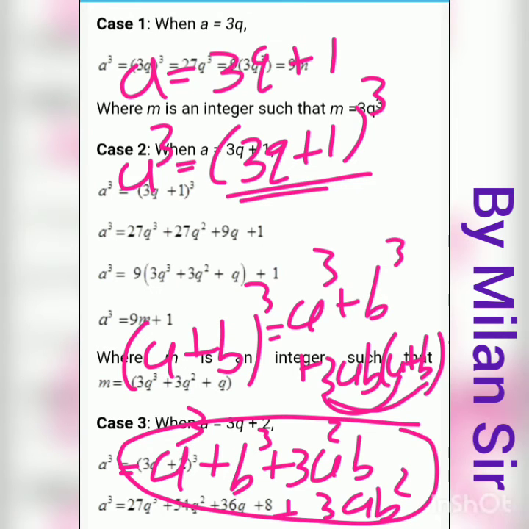We directly use this identity, because if we use the first one, again we need to solve the bracket. So a cube plus b cube plus 3a square b plus 3ab square.